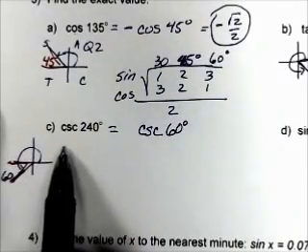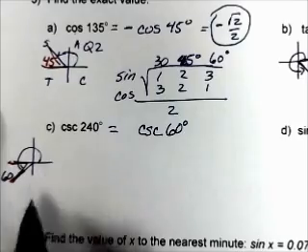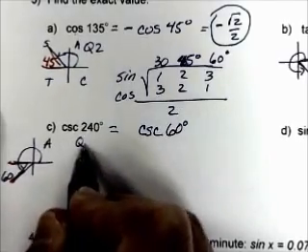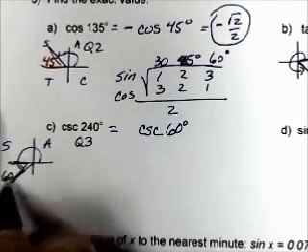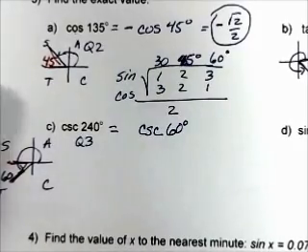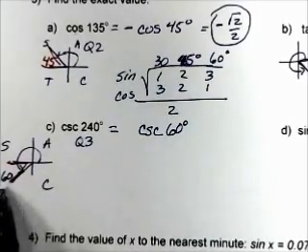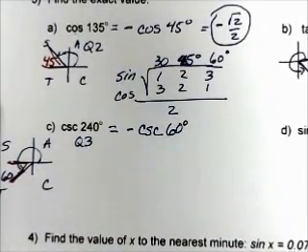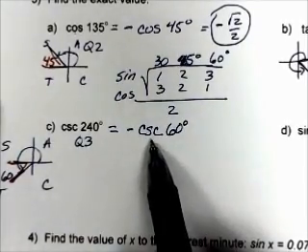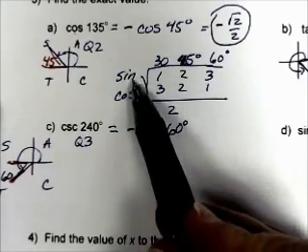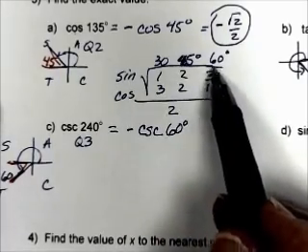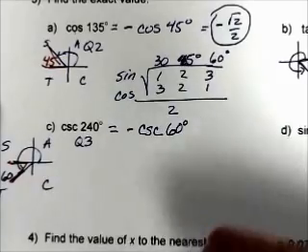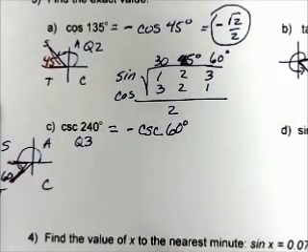Cosecant is the reciprocal of sine. And in quadrant 3, All Students Take Chemistry, sine is negative, so this is equivalent to negative cosecant 60. Now, if sine of 60 is square root of 3 over 2, then I just want the reciprocal, so I want 2 over square root of 3.